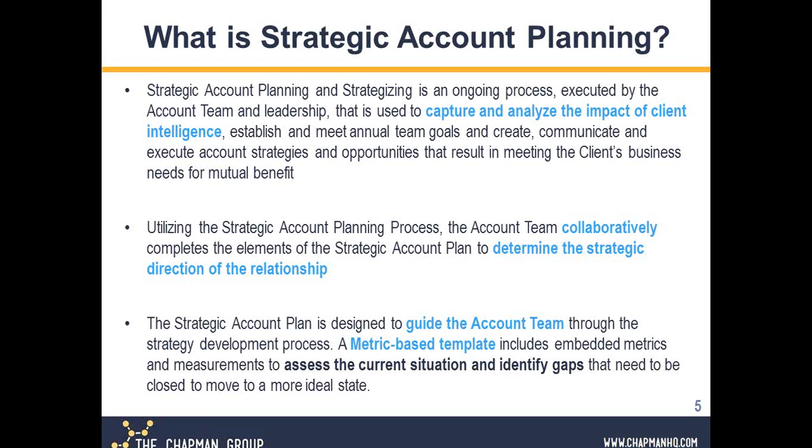And it's also a template. What I mean by template, it's a template that maybe has the guidance of what is the right information to capture and collaborate around. And for today's discussion, we're really going to look at that in more of a metrics context. What are those metrics that we should be very focused on when doing strategic account management and planning to assess the current situation and potentially identify gaps in the relationship?